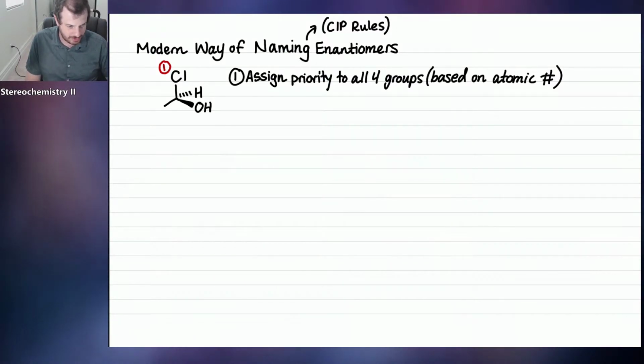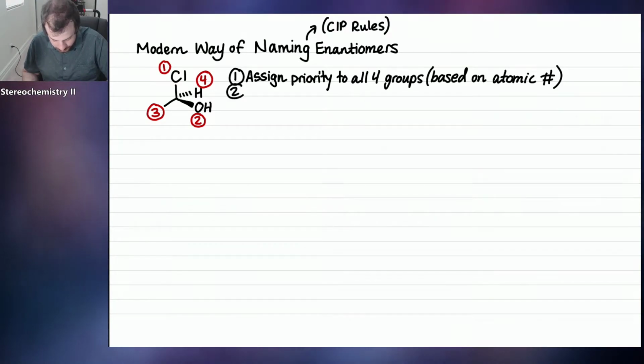After chlorine comes oxygen, so that'll be number 2. After oxygen comes carbon, so that'll be number 3. And then the lowest atomic number is hydrogen, so that'll be number 4. So again, assigning priority is just as simple as looking at the periodic table.